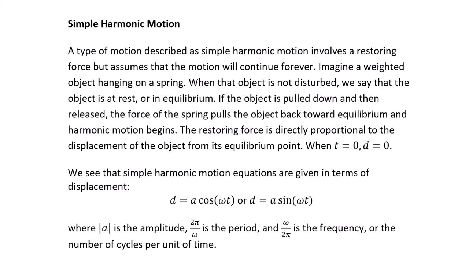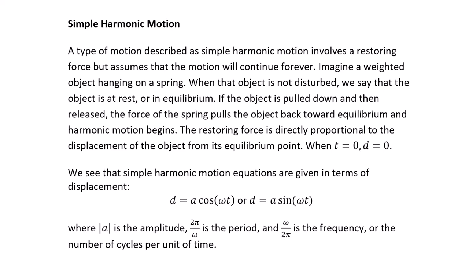If the object is pulled down and then released, the force of the spring pulls back the object towards equilibrium and harmonic motion begins. The restoring force is directly proportional to the displacement of the object from its equilibrium point. When time equals 0, then d equals 0. Time of 0, displacement of 0.